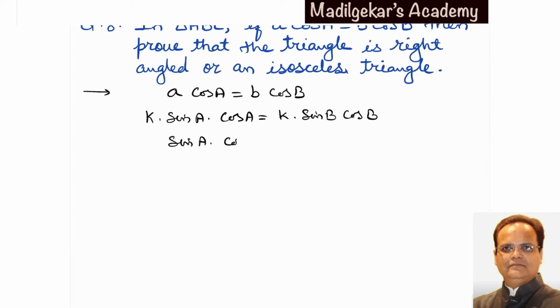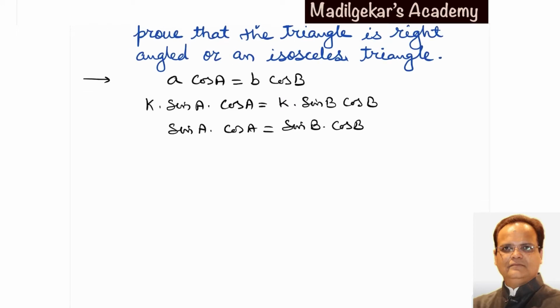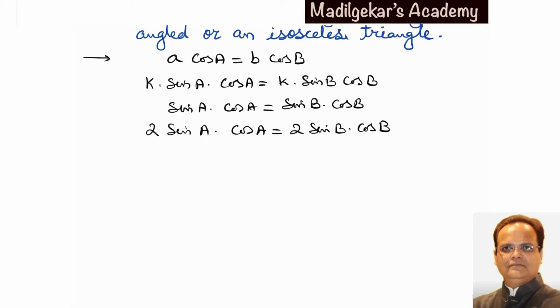So sin A cos A equals sin B cos B. Multiply both sides by 2. So we get 2 sin A cos A equals 2 sin B cos B. As you know, 2 sin theta cos theta is sin 2 theta. So it is sin 2A equals sin of 2B.